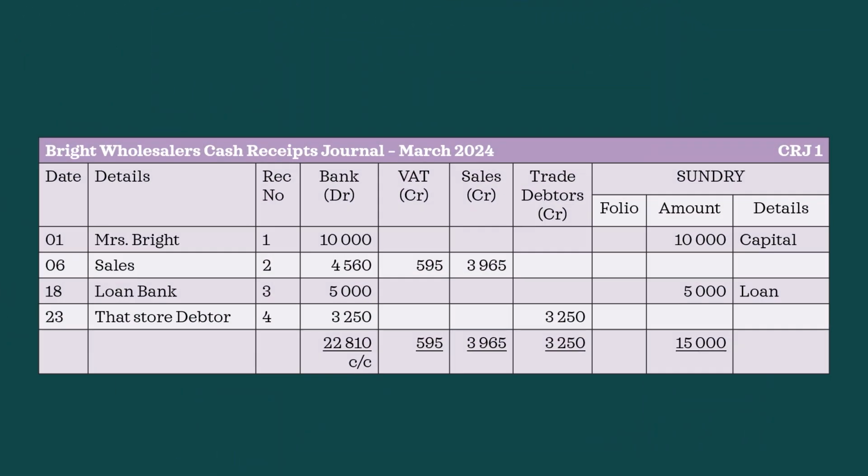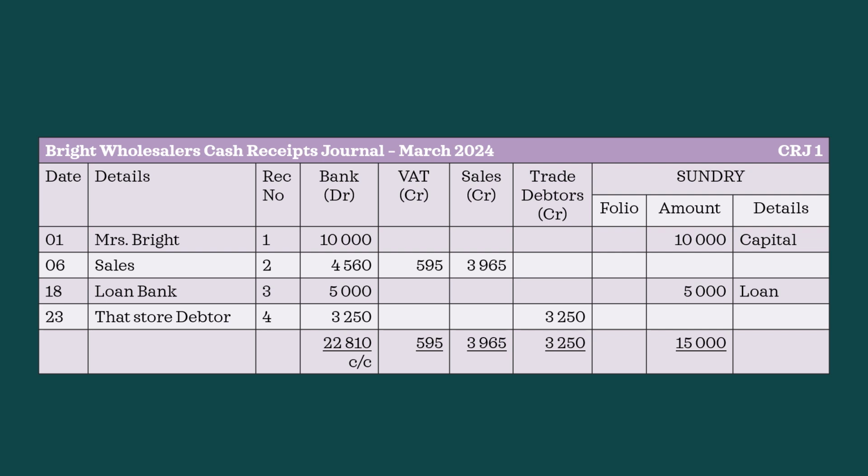So on the 23rd, that store, receipt number 4, paid us 3,250 rand, and then the trade debtors account is also 3,250 rand. As you'll know, there is no VAT. I explained that in the VAT portion of the video.